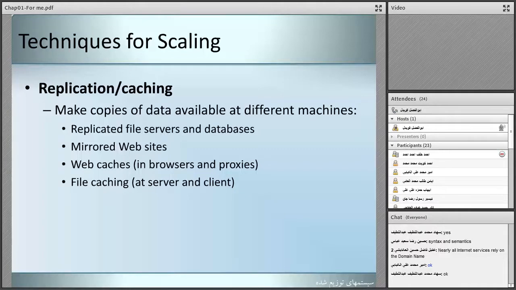Imagine all the data of Google is stored on only one single server in America. What happens? All the people in the world must connect to that server, so the bottleneck occurs. It doesn't work. It's not possible. What's the solution?